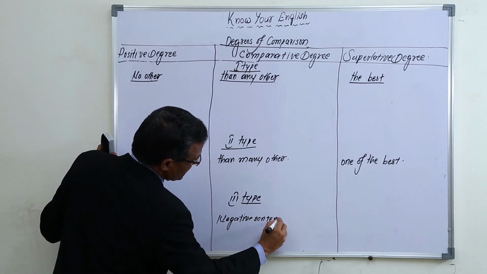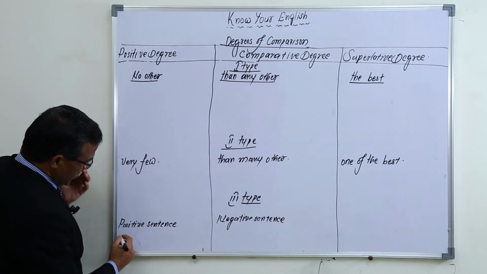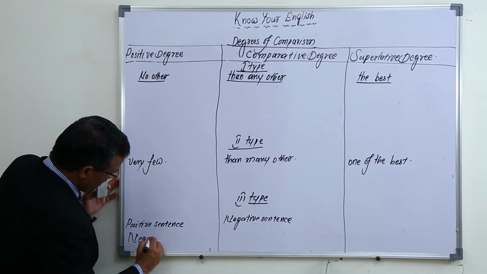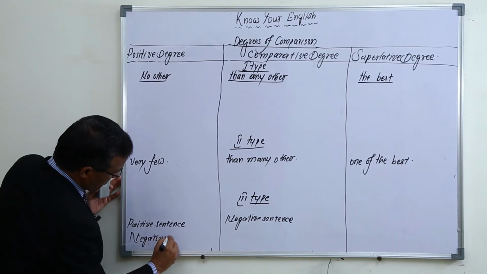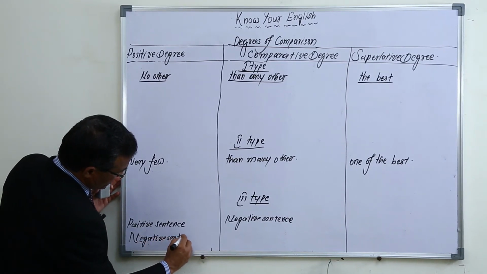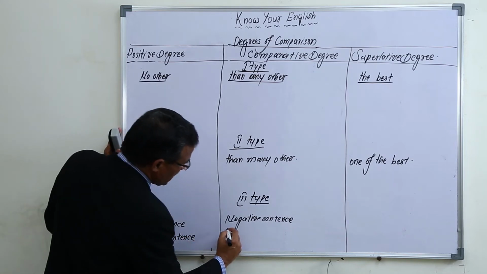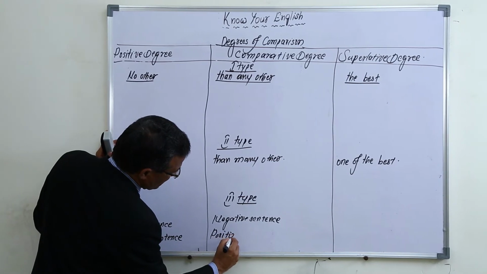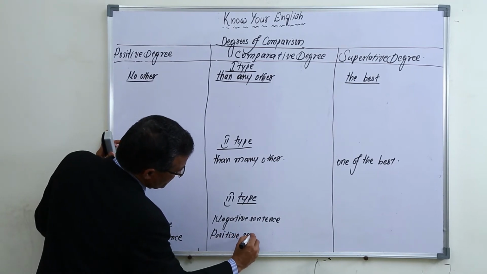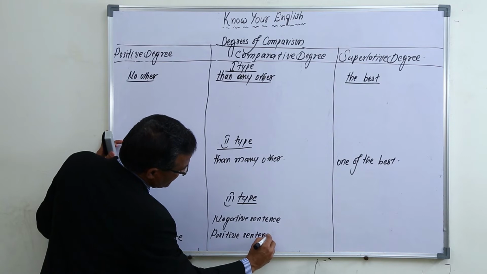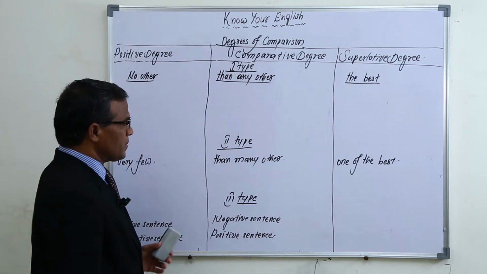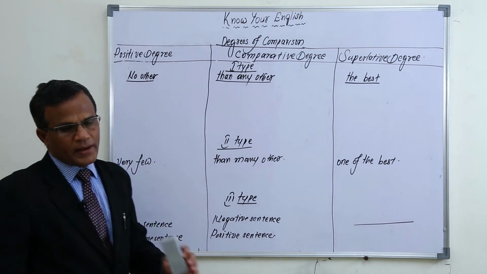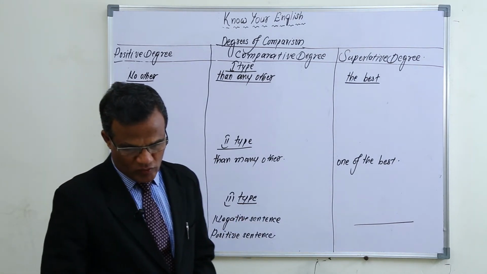And when a negative sentence is there, here you find a positive sentence. But here you don't find a superlative degree form. Right, I'll give you the examples for this one.